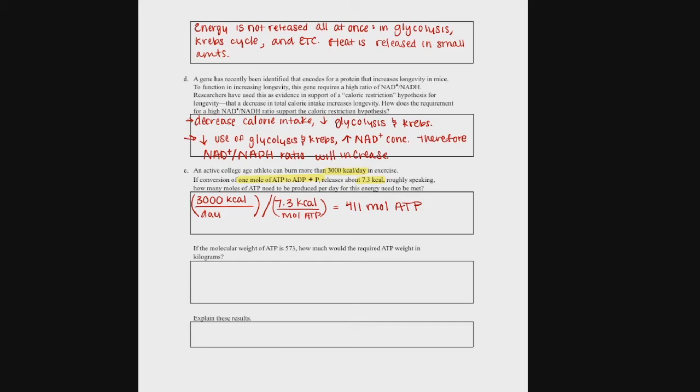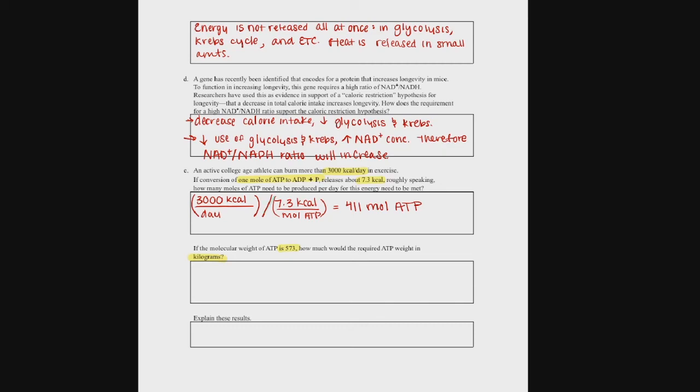Awesome. If the molecular weight of ATP is 573, how much would the required ATP weigh in kilograms? We got 411 moles up here because it said 3,000 kcal per day in exercise, and that 1 mole of ATP to ADP releases 7.3 kcal.